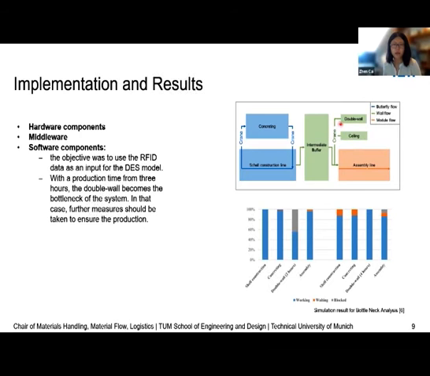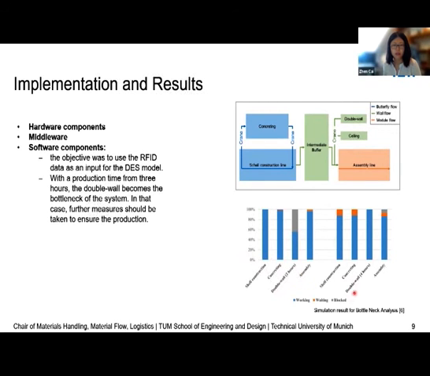We have the real-world data of the production time for this crucial component, the double wall, and we conducted a bottleneck analysis. We could see that if the production time of the double wall components is 2 hours, it doesn't overload the whole process.